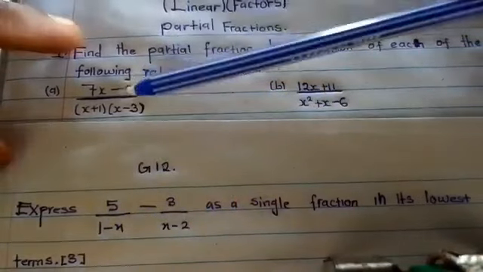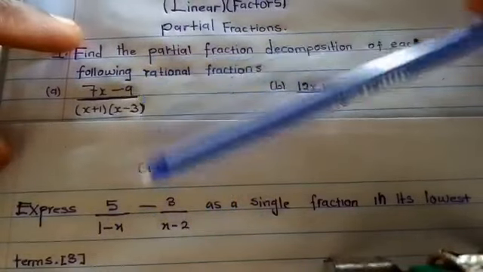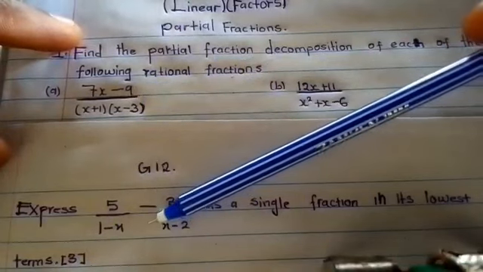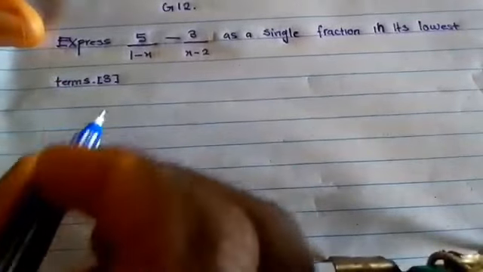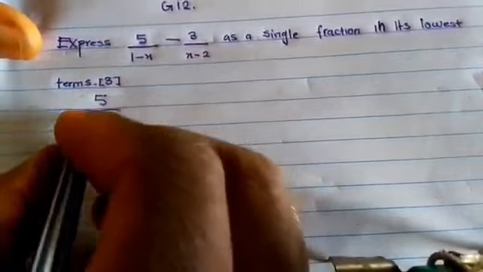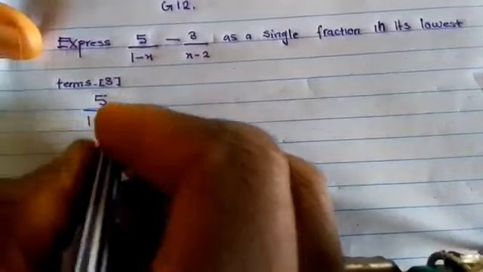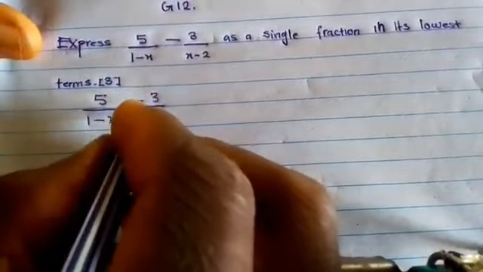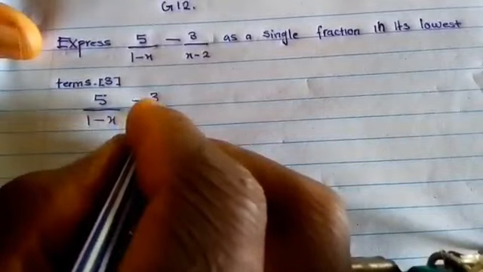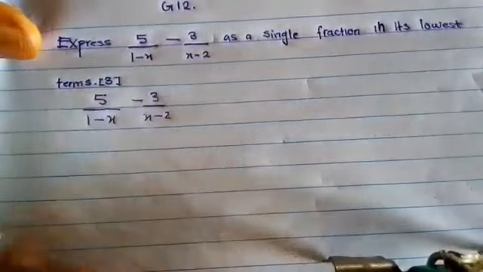So before I answer these questions, let me try to answer this one so that you understand. In this case, the first thing I'm going to write is 5 over 1 minus x, then minus 3 over x minus 2.